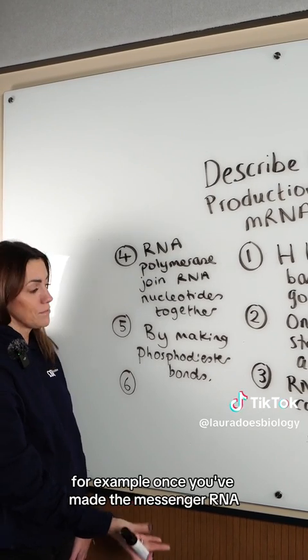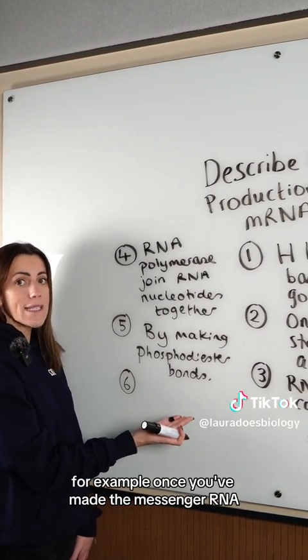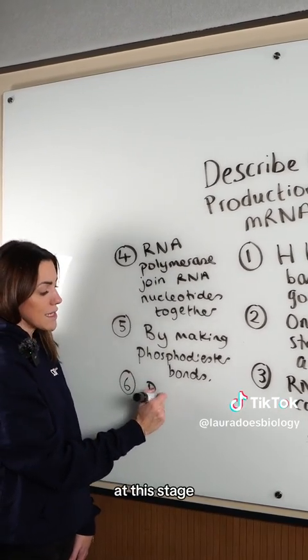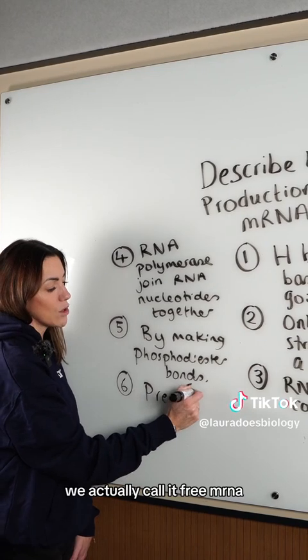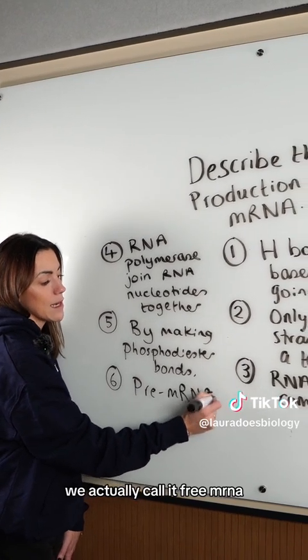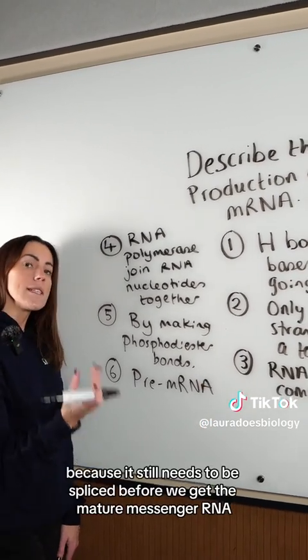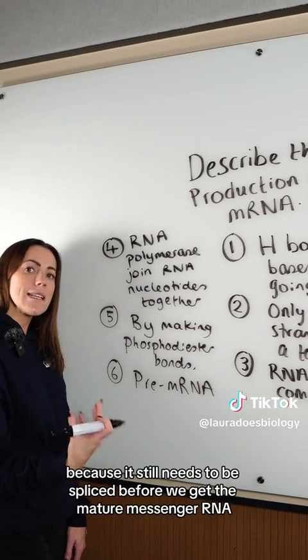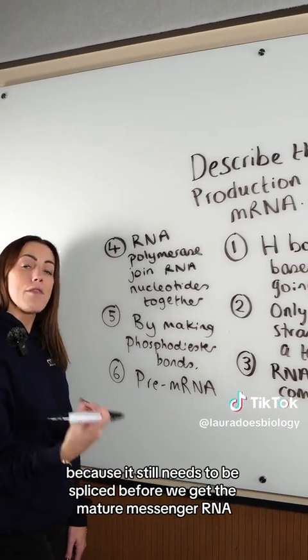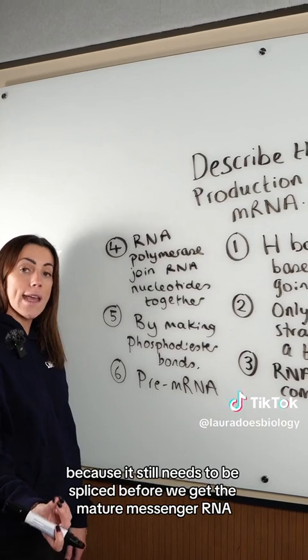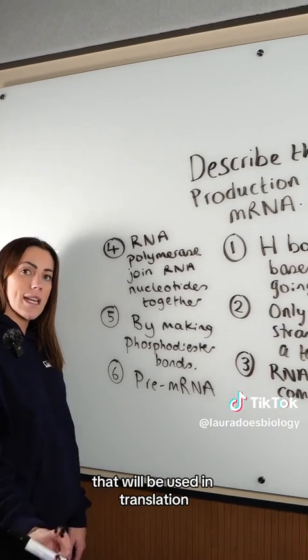For example, once you've made the messenger RNA, at this stage, we actually call it pre-mRNA because it still needs to be spliced before we get the mature messenger RNA that will be used in translation.